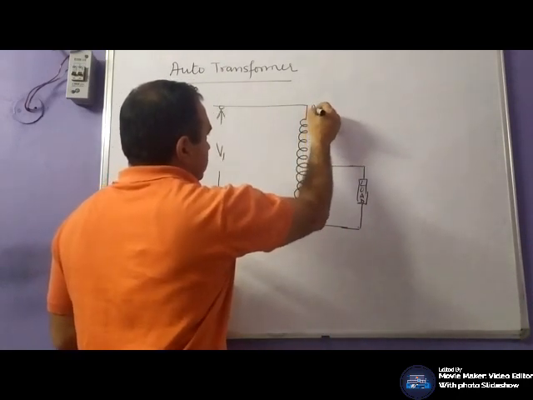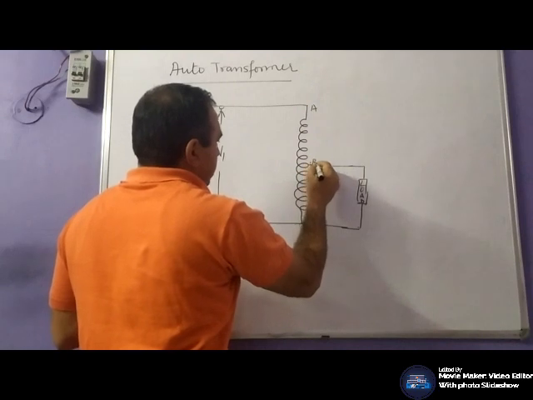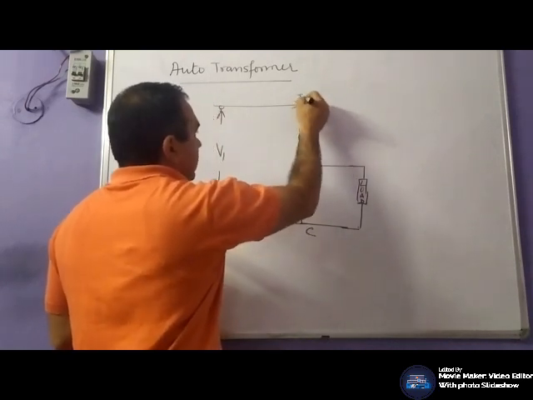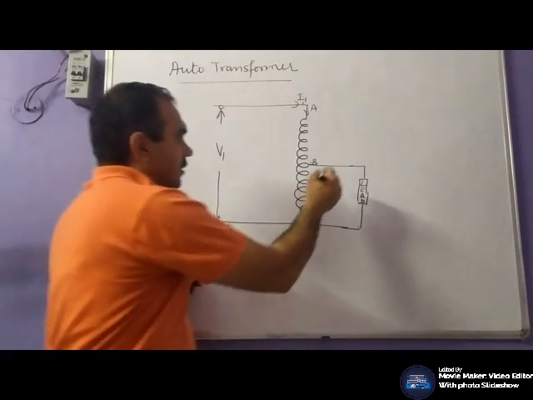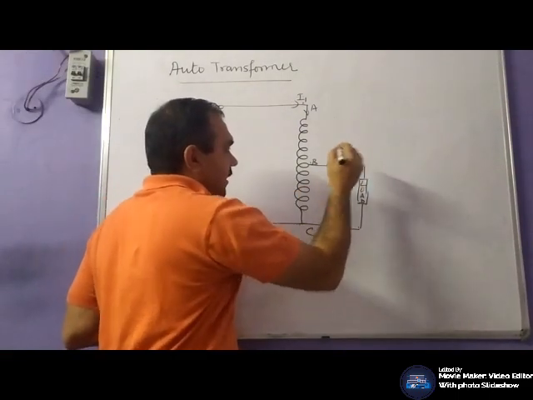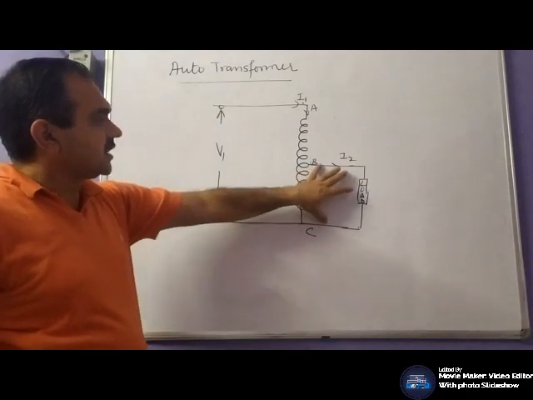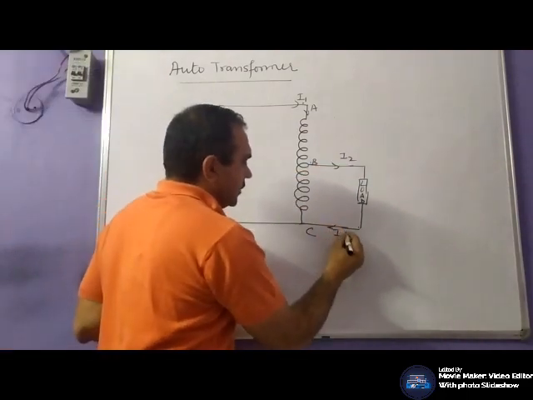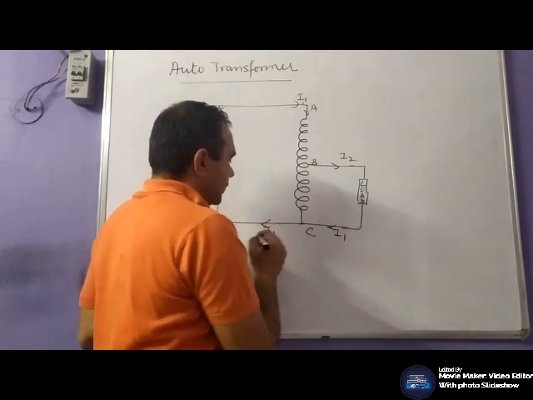This will be divided into three parts, A, B, C. Now the current in this part of the winding is I1 and the load current is I2. So this is the step down transformer.